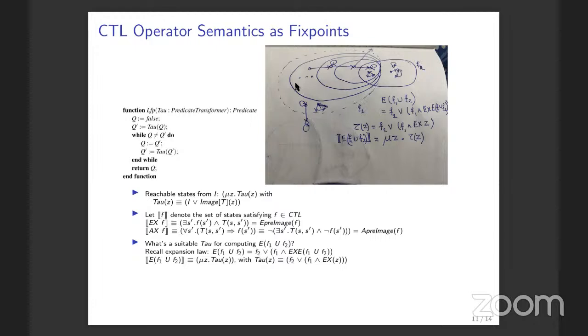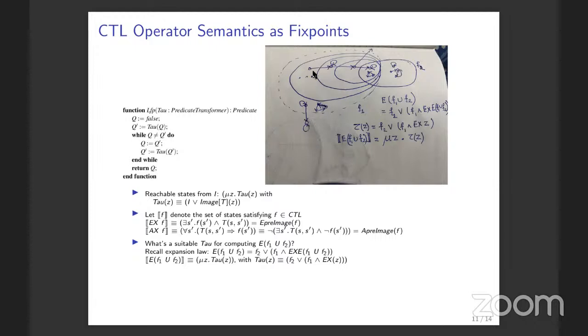When you reach the fixed point, you would have accumulated everything of these things, but not these kinds of things. F1 will also have things that end up never satisfying F2. So if every successor state from an F1 state never leads to something in F2, those states are not added.